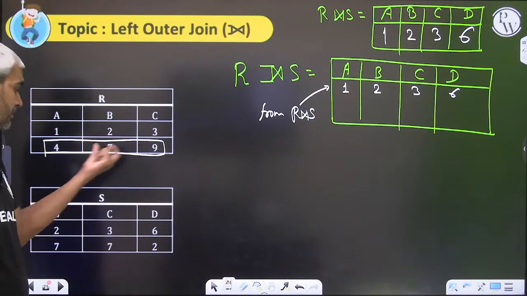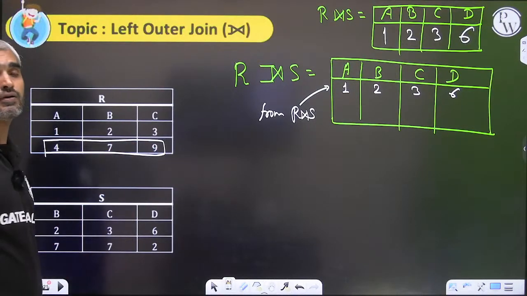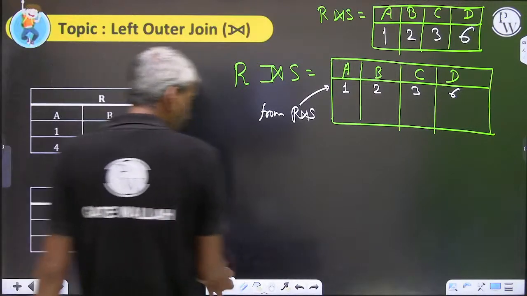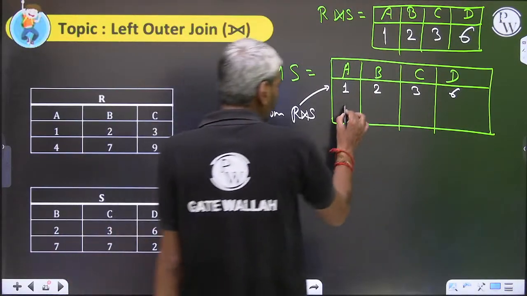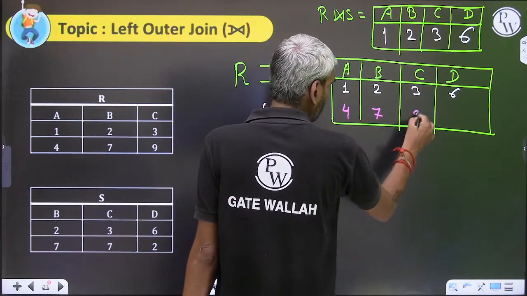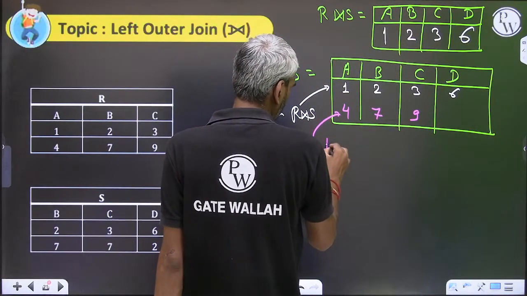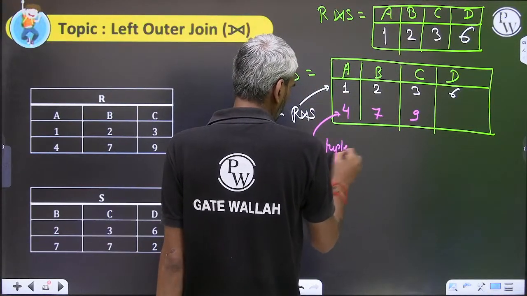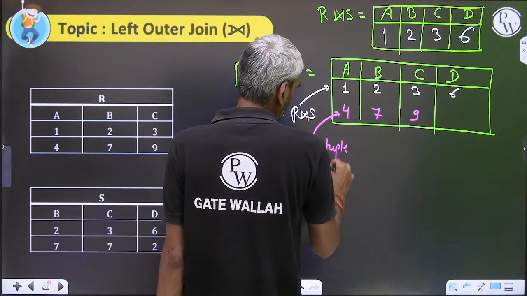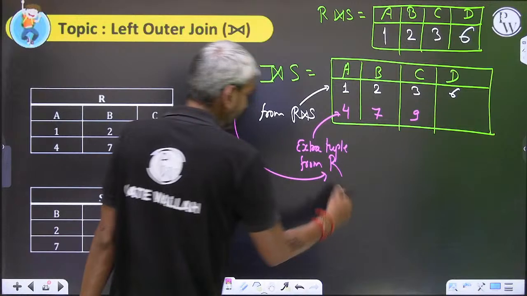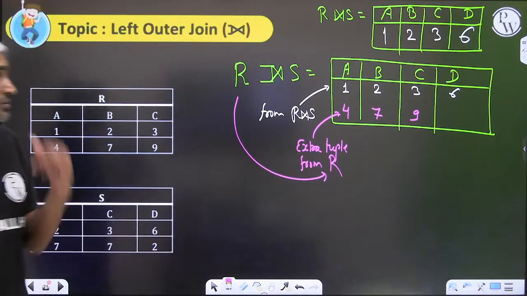This 7, 9 did not match with any tuple of relation S. Therefore, this extra tuple 4, 7, 9 from R will be present.